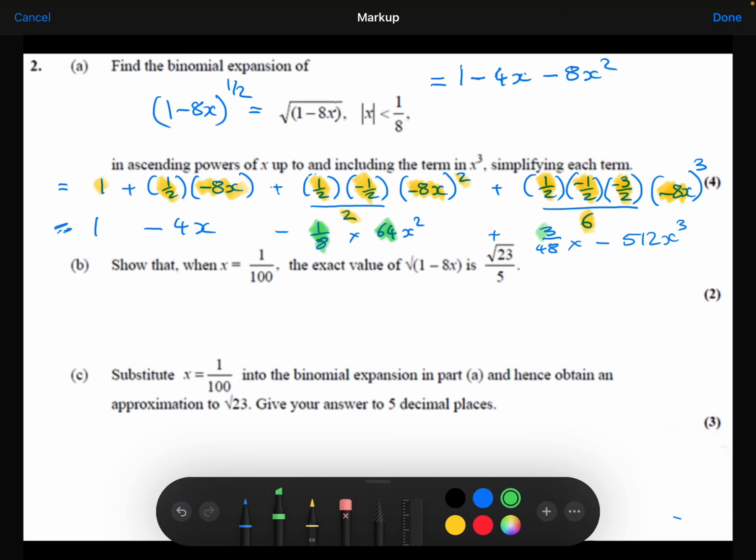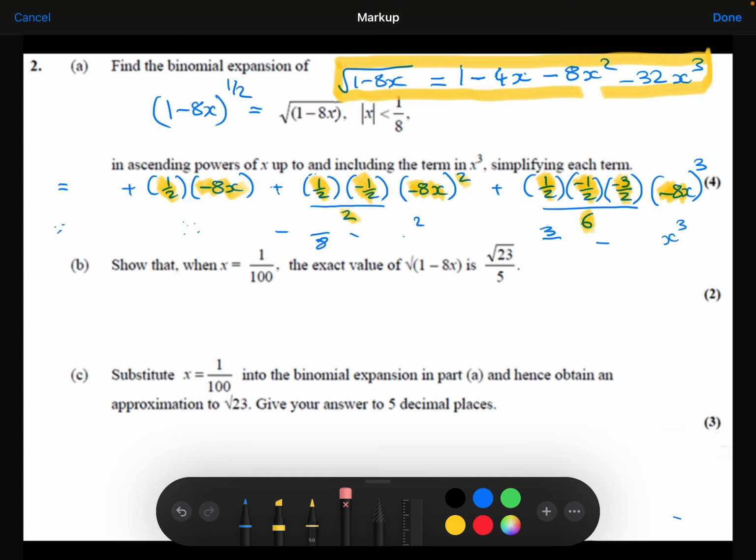And then we've got the 3 over 48 multiplied by the minus 512, which gives minus 32x cubed. And so the square root of 1 minus 8x, the first 4 terms of it are given there. So that's my answer for part A.